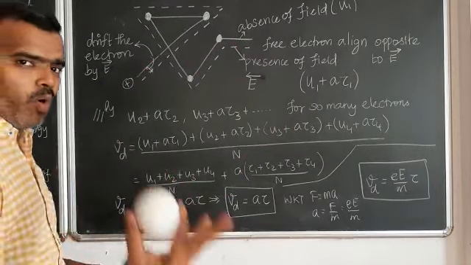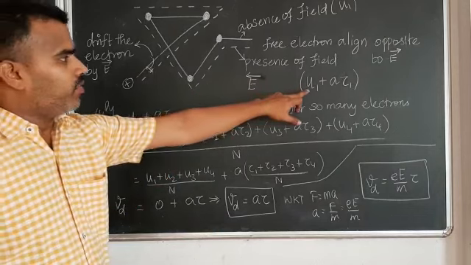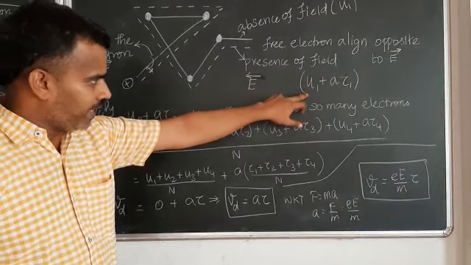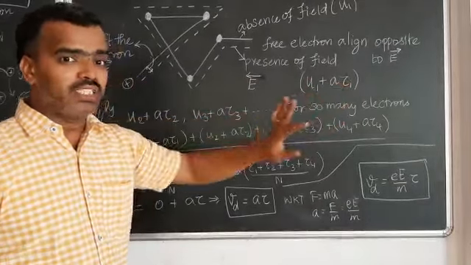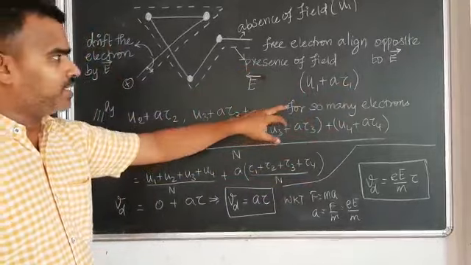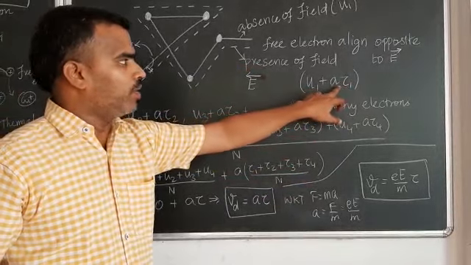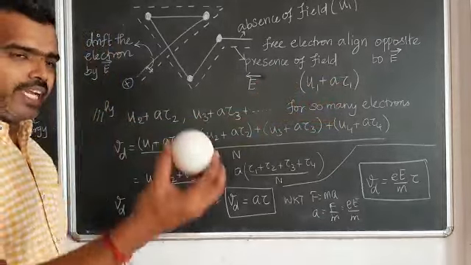Similarly, we will have a larger number of electrons. For that, in the presence of an electric field, the velocity is u1 plus a tau 1. What is tau 1? It is the relaxation time. And u1 is the thermal velocity, and a tau, acceleration into time, gives the velocity. That is the velocity of a single electron.